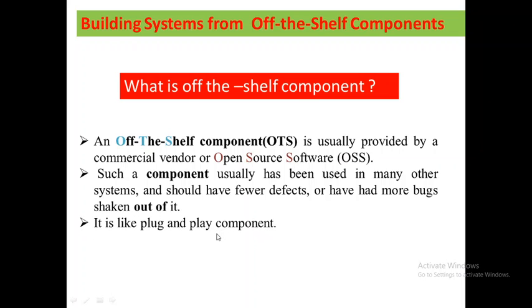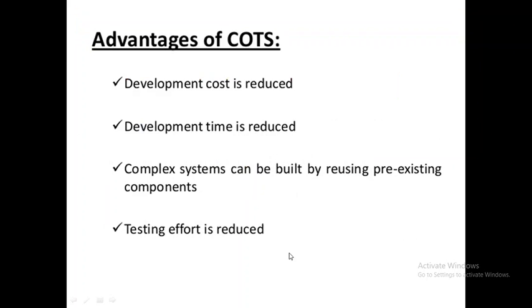In the same way, in computers we also have a number of plug and play components. We just load the software and use it for our requirements. The main advantages of COTS, commercial off-the-shelf software, are that development cost and development time are reduced. The complexity of the system can be managed by reusing pre-existing components.